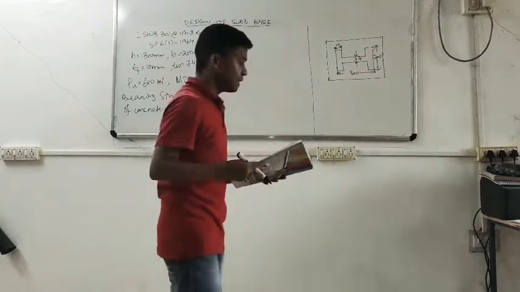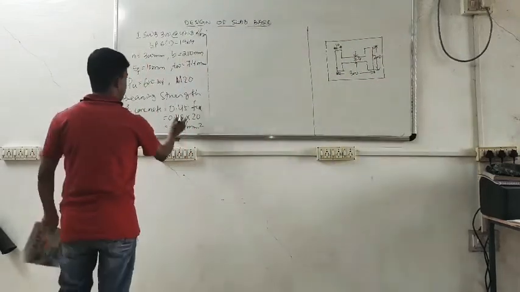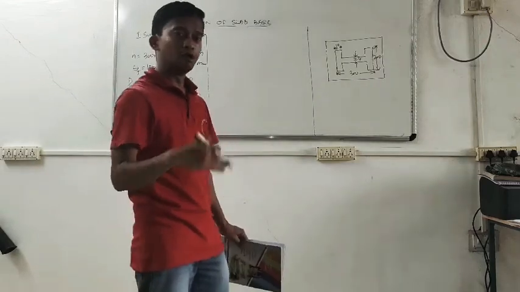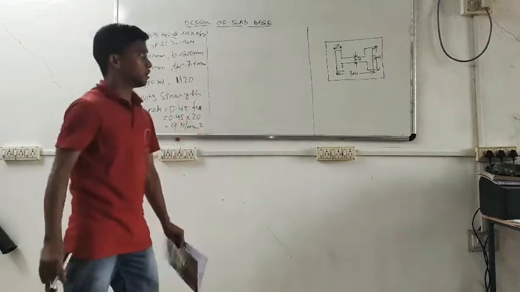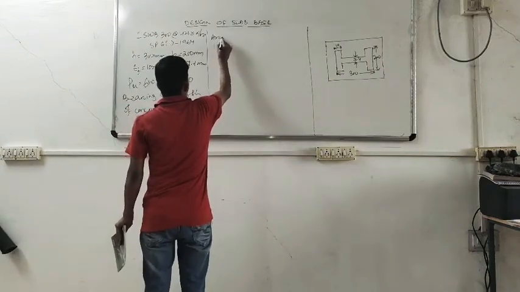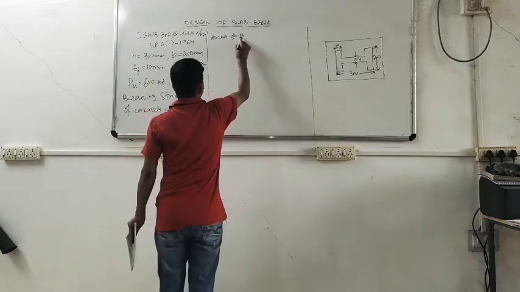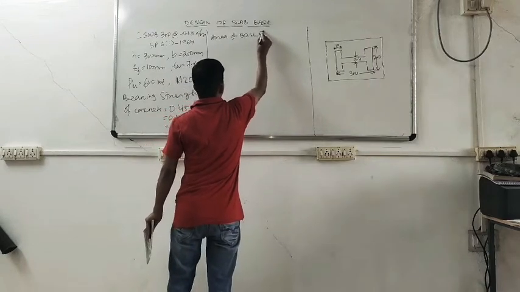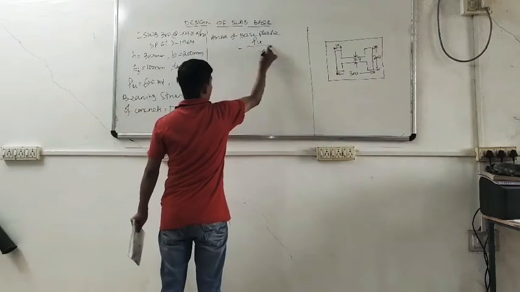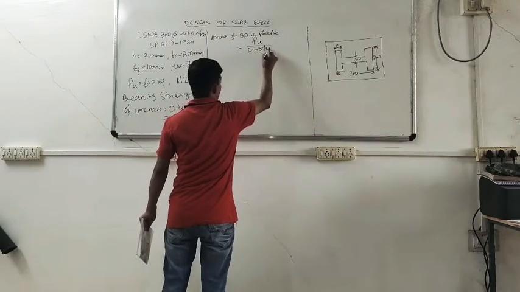Depending on the bearing strength and the loading it has to transfer, you have to determine the area of the base plate. The area of base plate required is Pu divided by 0.45 fck.